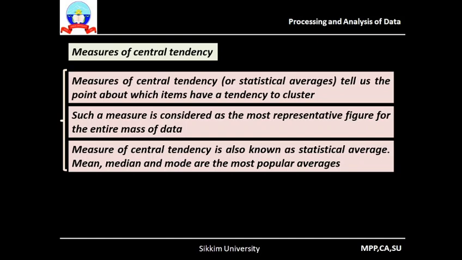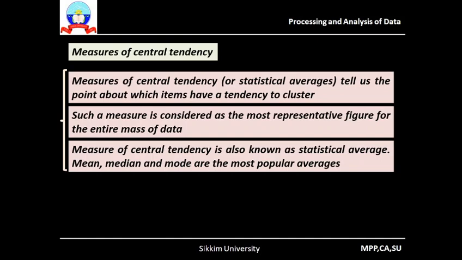For example, mean would be the representative for the population, or median would be the representative of the population, or mode would be the representative of the population. So such a measure is considered as most representative figure for the entire mass of data.